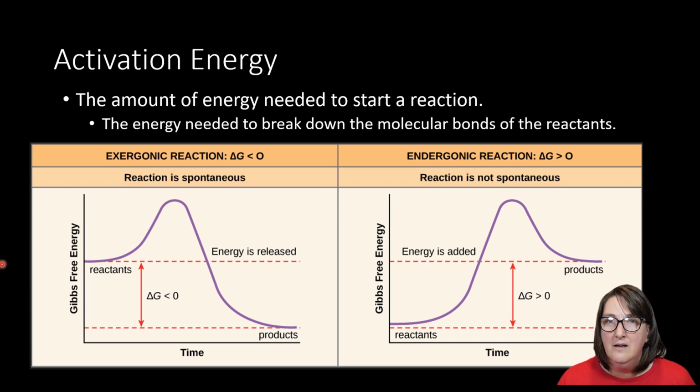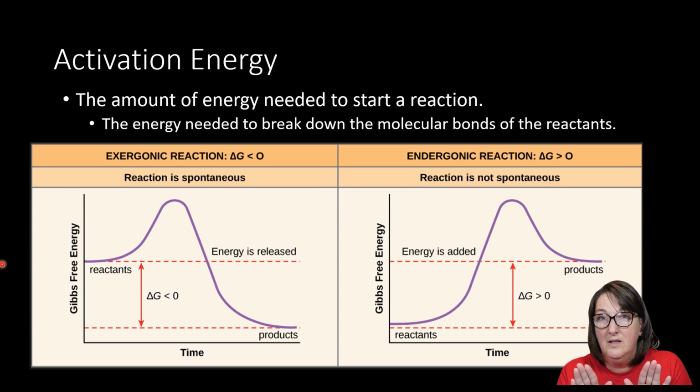I like to think of activation energy and enzymes kind of like somebody behind you on a slide. Like you go up to the very top of a slide and you sit there for a second and you kind of lean forward. You have to put a little bit of energy yourself, scooting yourself up to allow that to happen.